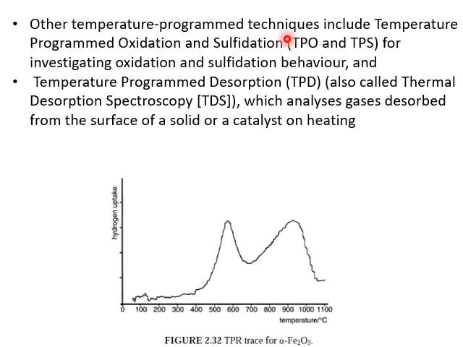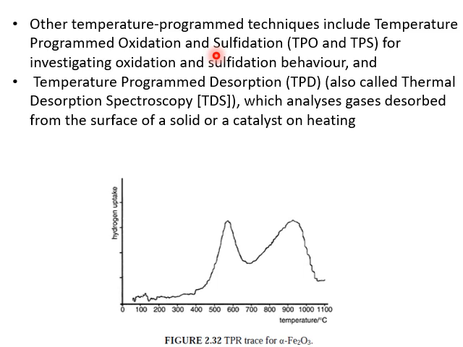There are also other TPR techniques, including temperature programmed oxidation. The first TPR technique which we studied uses hydrogen, where reduction of the material takes place.